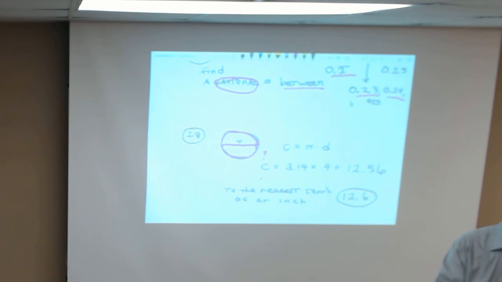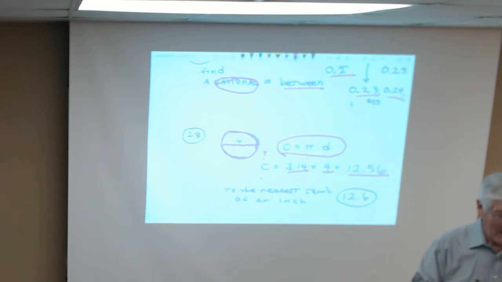Well, do you all know this? The formula for circumference is pi times diameter. If you don't, write that in your notes and put down the formula for the circumference of a circle is pi times diameter. So you put the circumference equals pi, 3.14, times the diameter, 4, and you get 12.56.